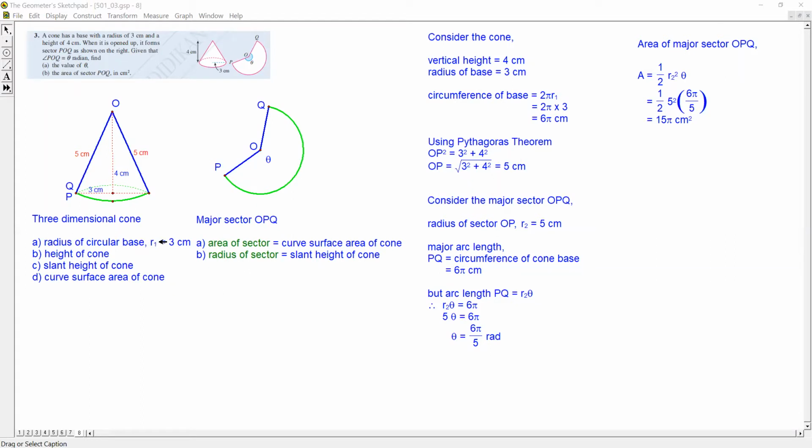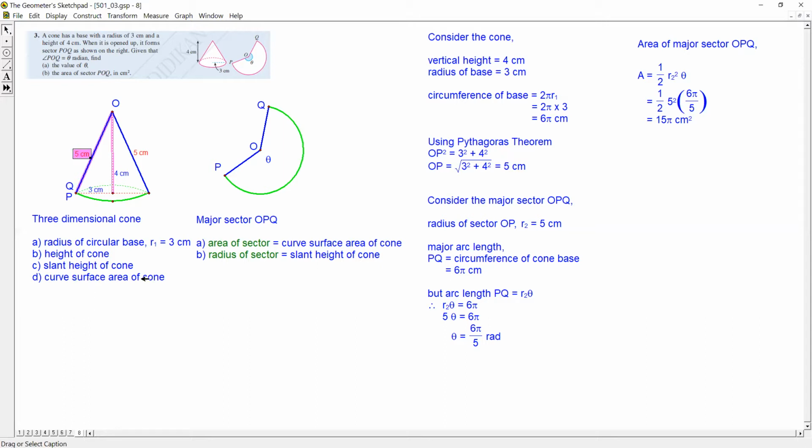The radius of the base is 3 cm. The height of the cone is this line, 4 cm. The slant height of the cone is this one, 5 cm.